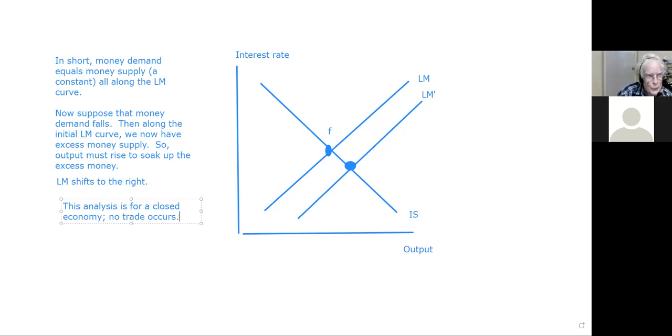Now, suppose instead that they had an open economy. It looks like this. In the open economy, the National Bank must take as fixed the interest rate because the interest rate is being set not in Kazakhstan but around the world.